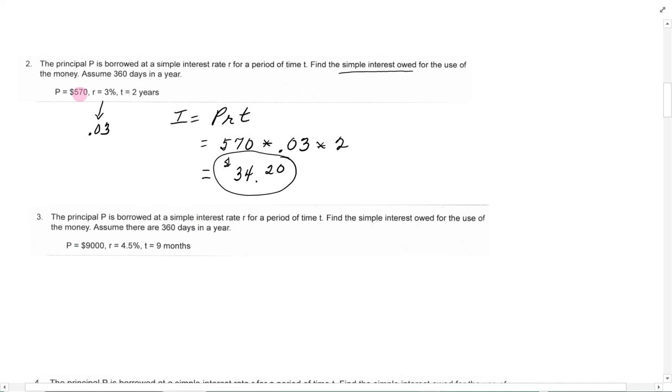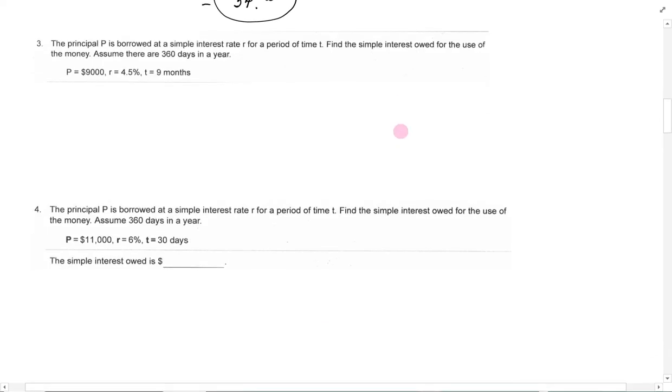All right, number 3. Same instructions completely, and I am looking for simple interest owed. I is equal to P times R times T. The principal is $9,000 times the interest rate. If I change that to a decimal, it's 0.045.